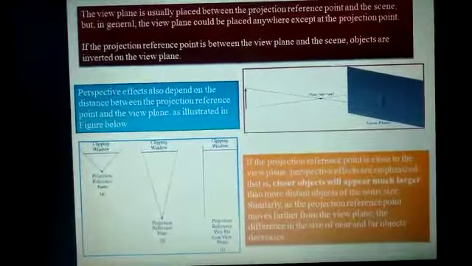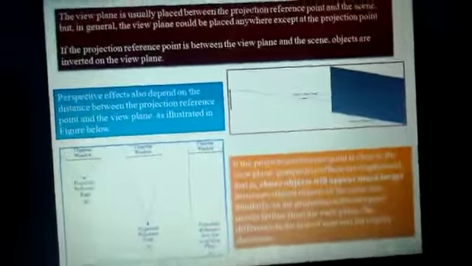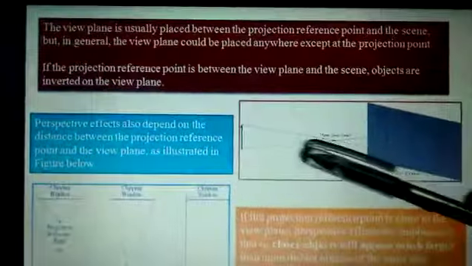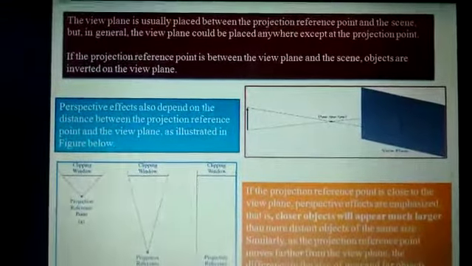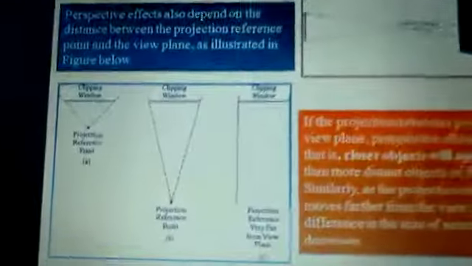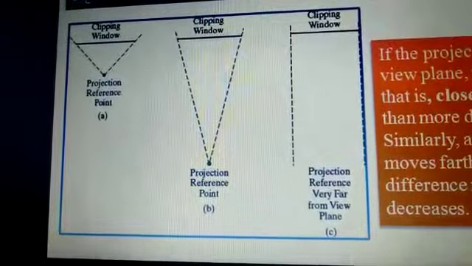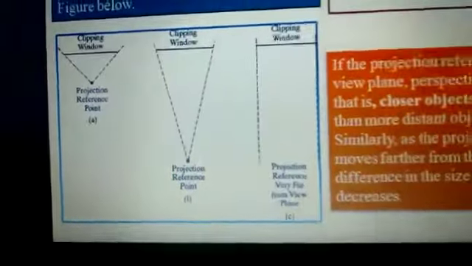If the projection reference point is between the view plane and the scene object, objects are inverted on the view plane. In case 1 you can see the perspective effect also depends on the distance between the projection reference point and the view plane, as illustrated in the figure below, where the view volume is usually placed between the projection reference point and the scene, but in general the view plane could be placed anywhere except at the projection point.